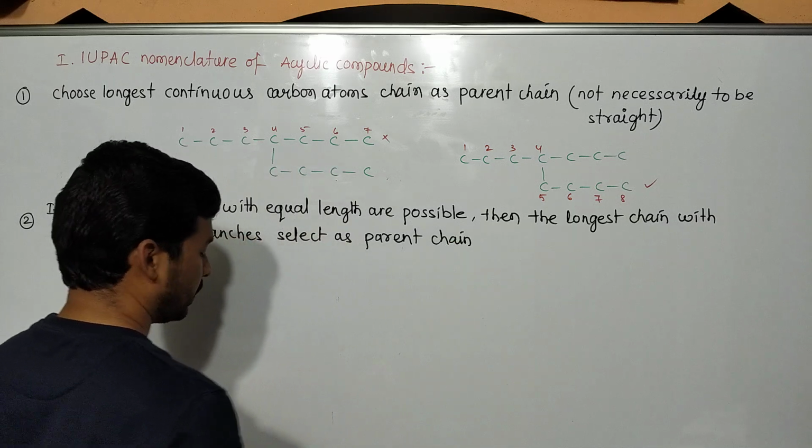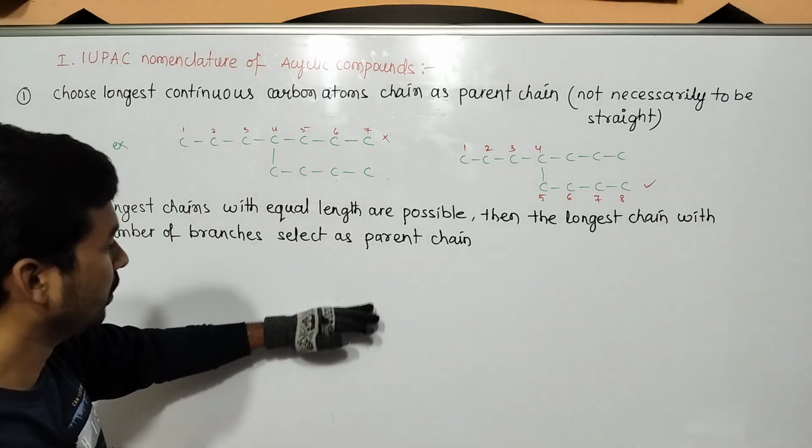So that is how the parent chain is selected. See this example, you will get clarity.